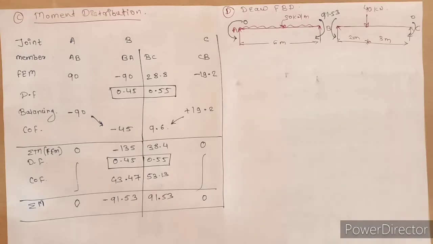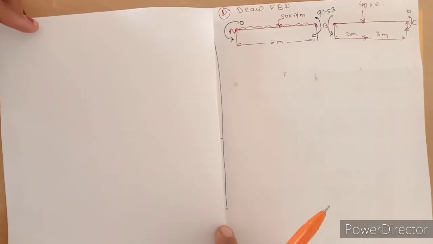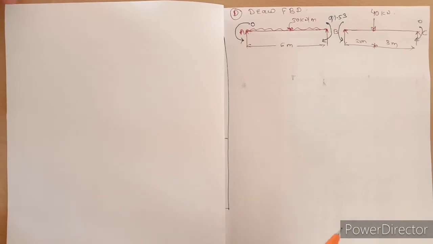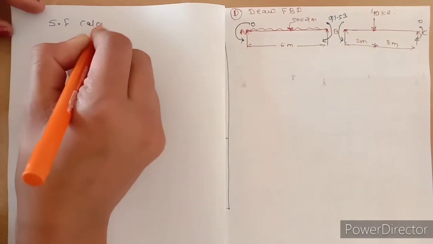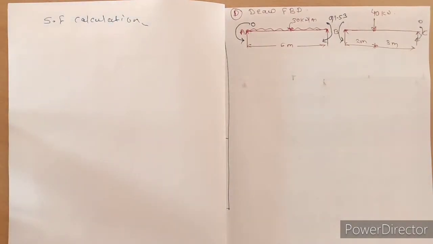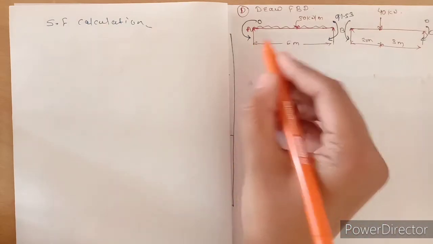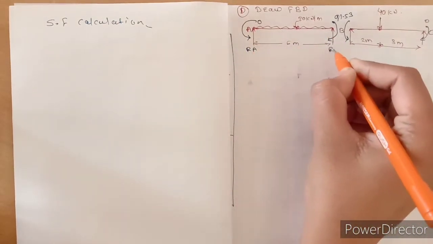Then next, from the free body diagram, to calculate the shear force. So here the shear force calculation is: first take AB member to find out RA and RB values.